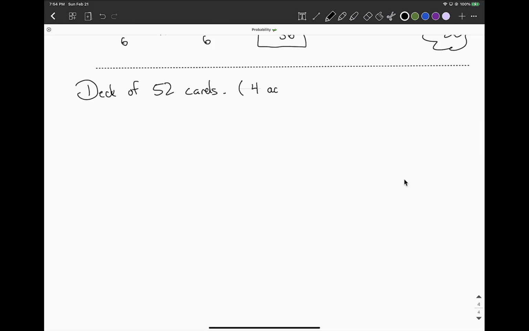There are 4 aces in a deck of cards. I could ask, what is the probability of getting 3 aces in a row? Now, there's a chain of events happening here. What happens when you get the first ace? We have to be really specific on how this chain of events is happening.